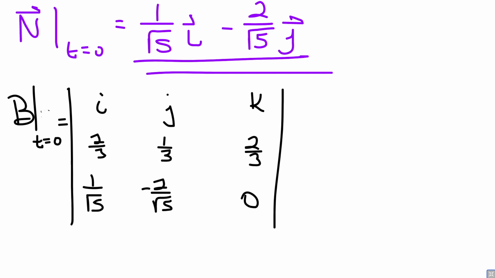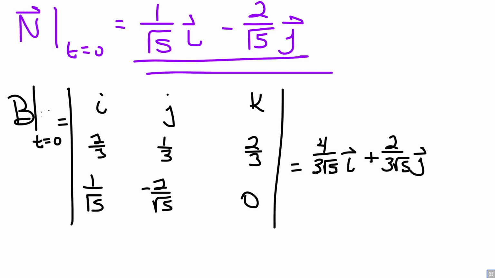So if I look at the i component, I'm going to end up with 4 over 3 square root of 5 in the i direction. For the j component, I'm going to end up with plus 2 over 3 square root of 5 in the j direction.